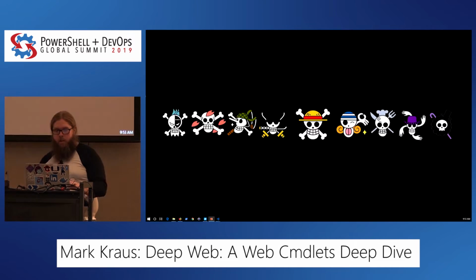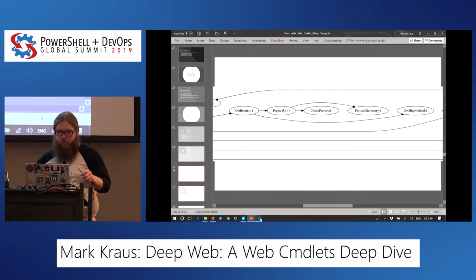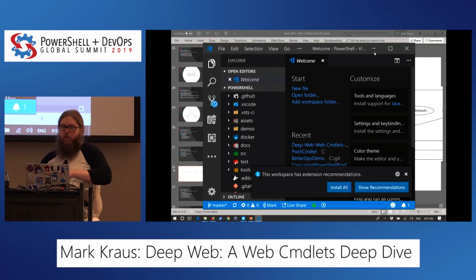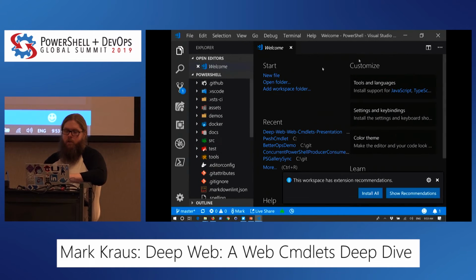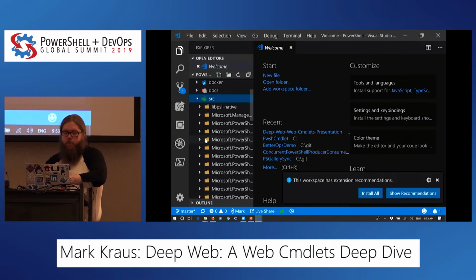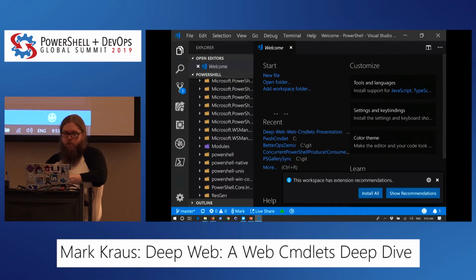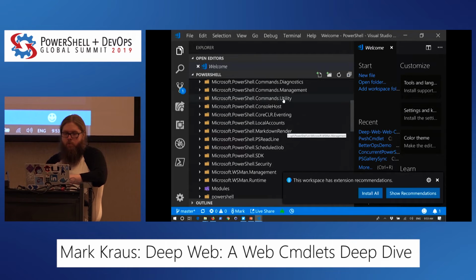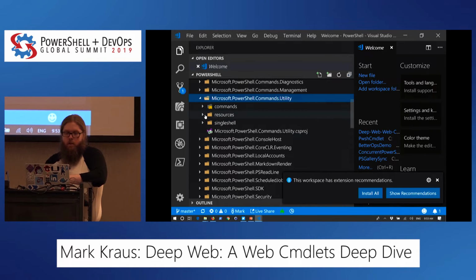So inside the code, this is the PowerShell project. Luckily, there have been several sessions where this code has not been shied away from. Underneath the source folder, let me expand this out, there is the Commands.Utility module.